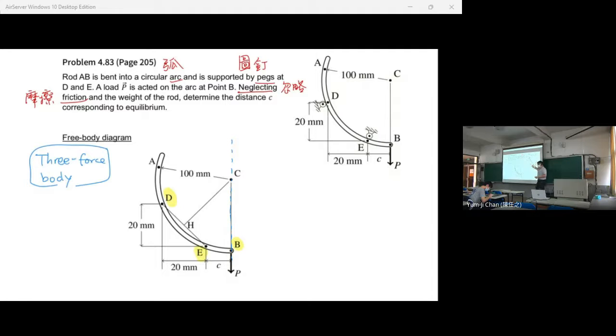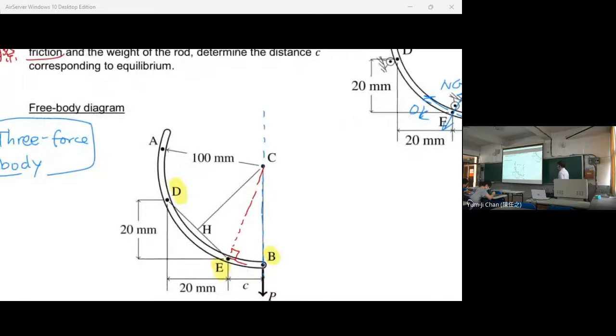No. So we draw a force. This one is N, so the force here is going towards point C. So this one has a right angle. It's okay.